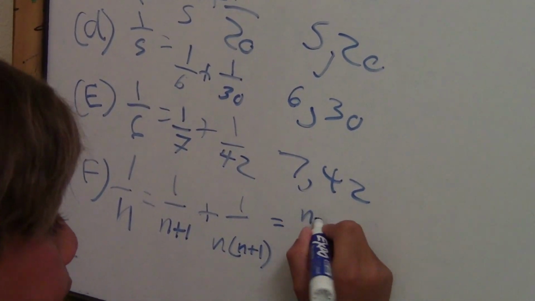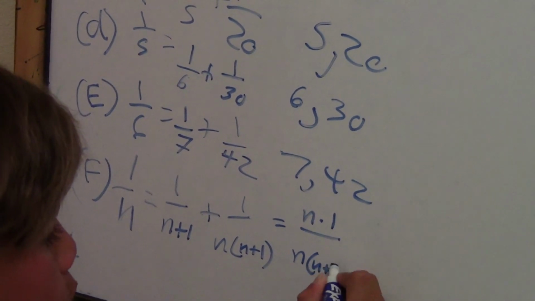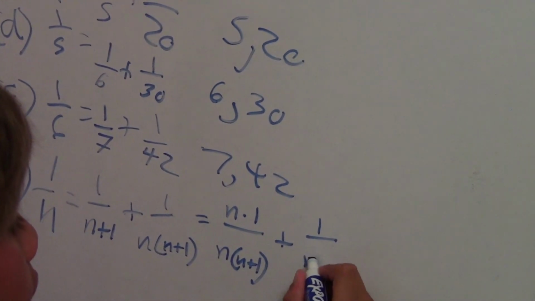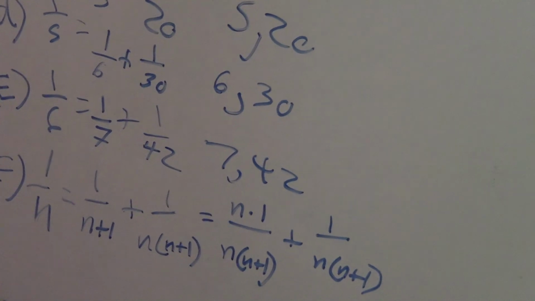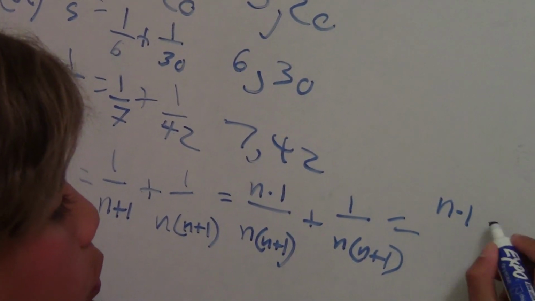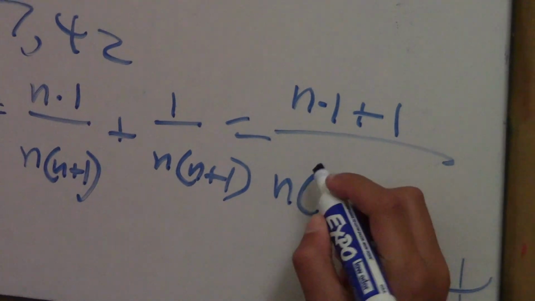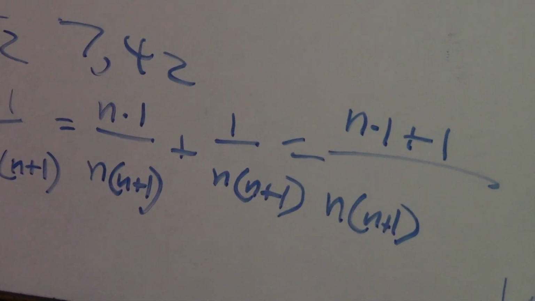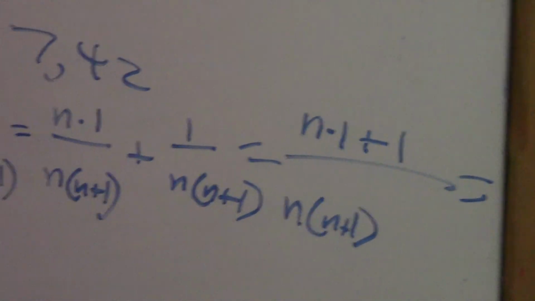So it's equal to n times 1 over n(n+1) plus 1 over n(n+1). So now they're even. So what is that? Then that's n times 1 plus 1 over n(n+1).